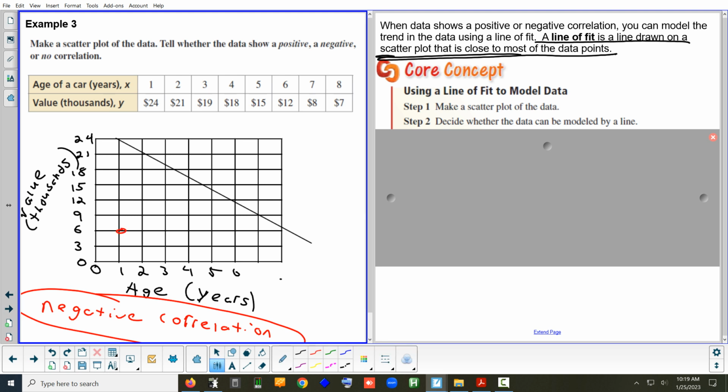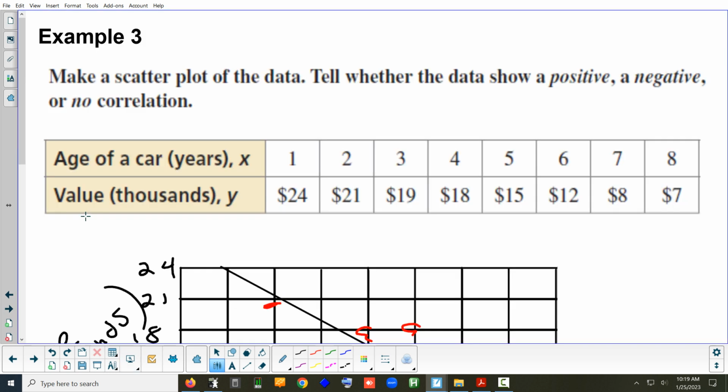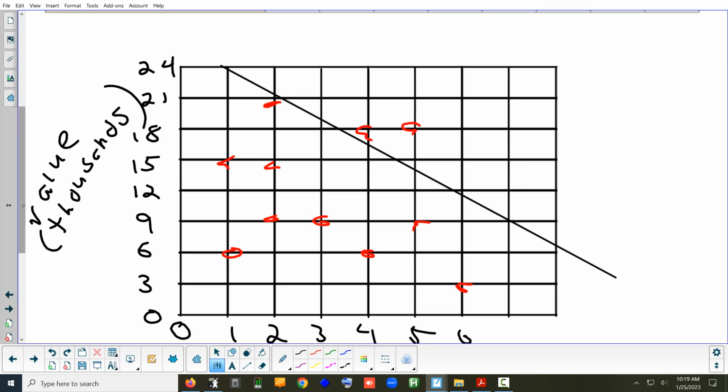Maybe your points look like this. If I had you make a scatter plot, and the points look like that, I would say you're not going to be able to draw a line of fit through those red points.